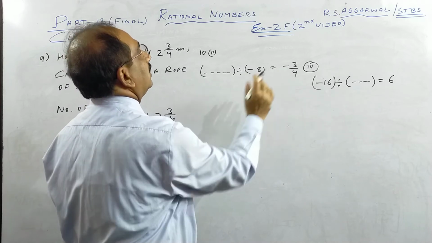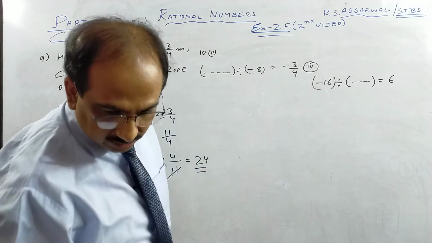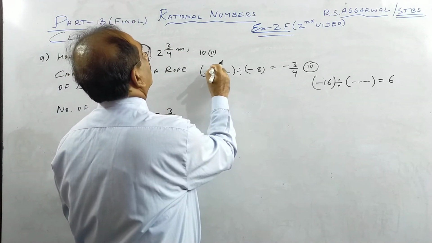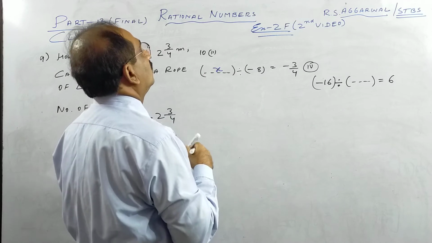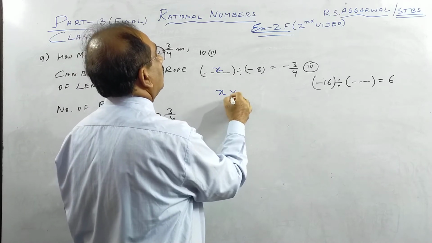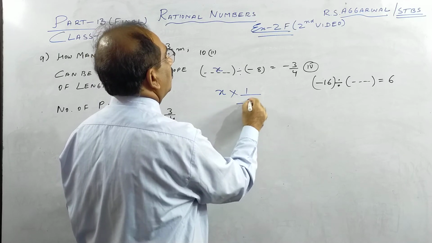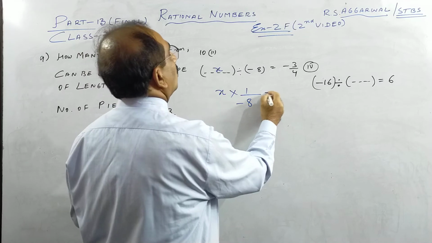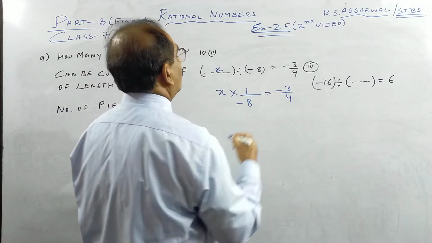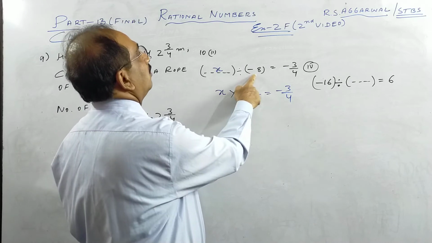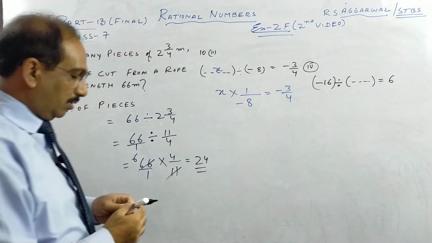Okay, next we go to question number 10. Something divided by minus 8 gives you this. So let us take this to be x. I'm writing with a blue marker. So let it be x. Once you have division, when it becomes multiplication, the minus you can keep up or down, not an issue. So x divided by minus 8 gives you minus 3 by 4.